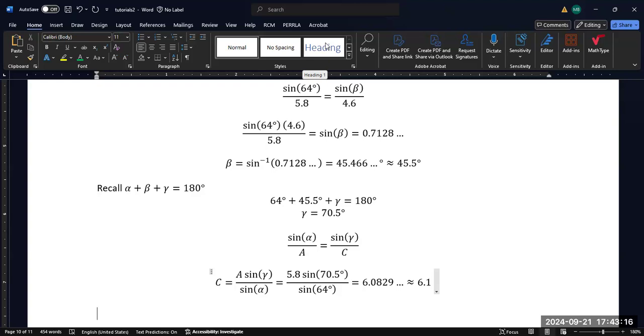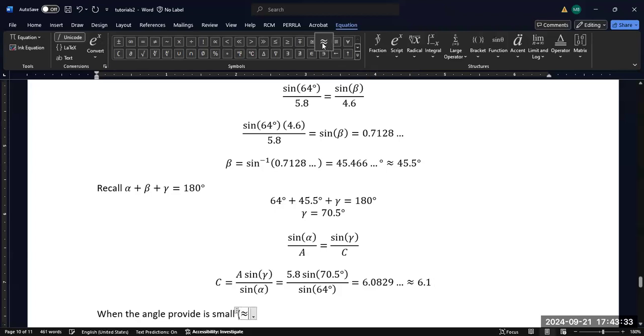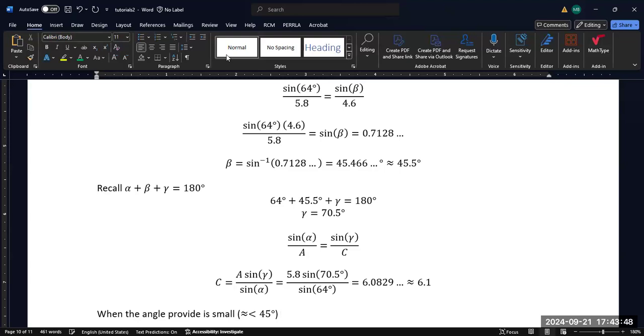answer. Now, where the law of sines can sometimes lead you to more than one value is when the angle provided is small. So again, approximately less than like 45 degrees. But particularly if you're in the 30-degree range, when the angle is small, you are more likely to get two possible triangles.